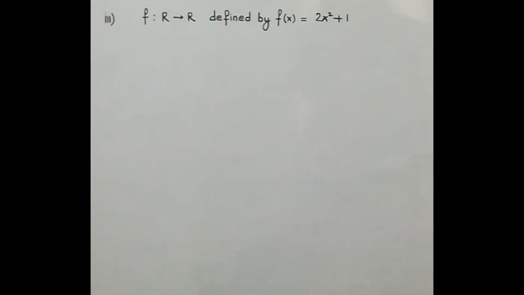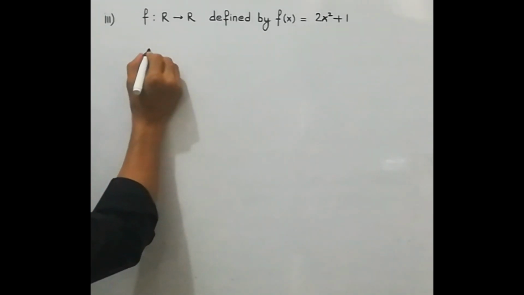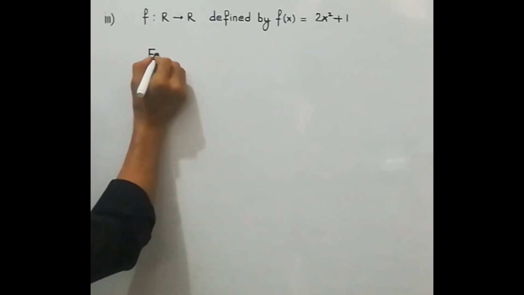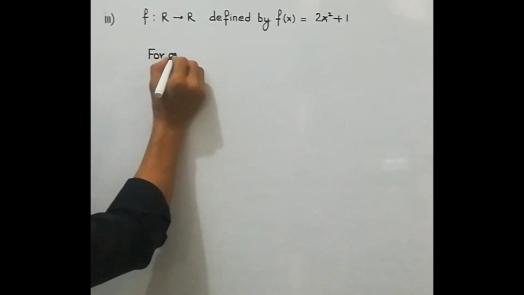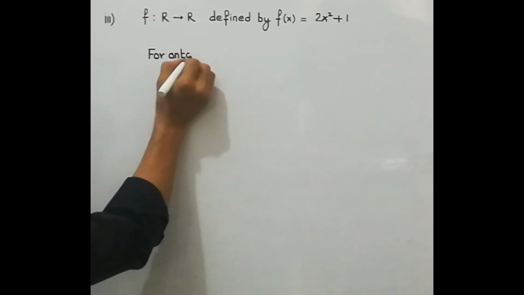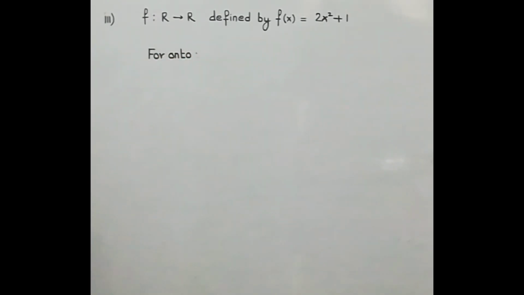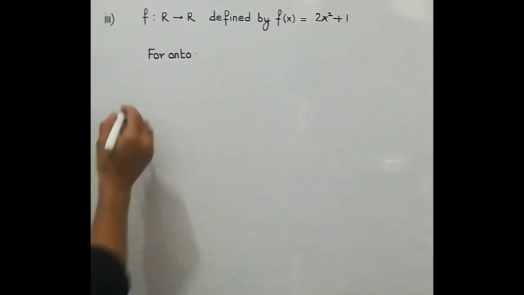Now see, in the second part of question number 3, we have to find out whether the given function is onto or not. Now for this, you will be writing for onto. Okay, now see what we will do to find it onto. We will consider any y belonging to codomain.